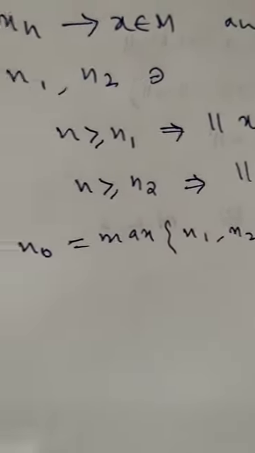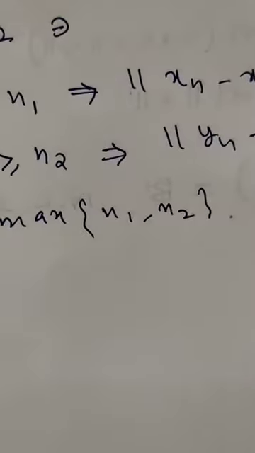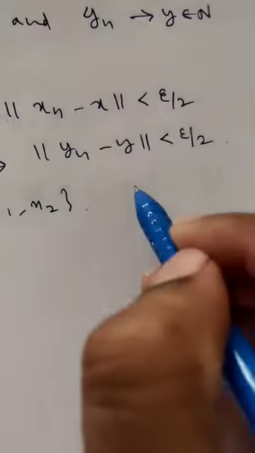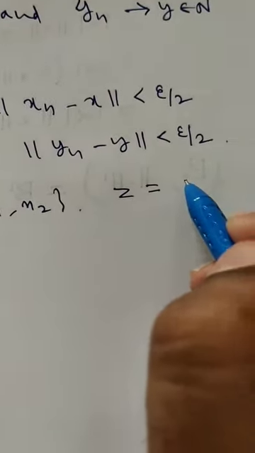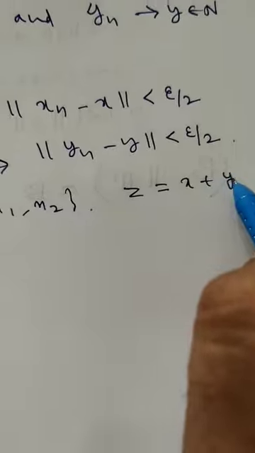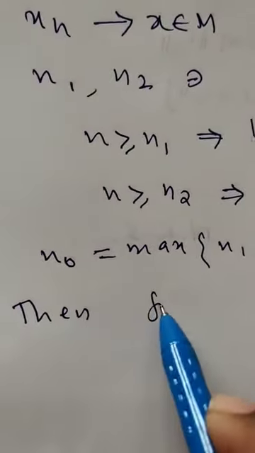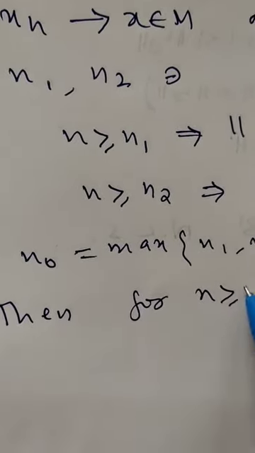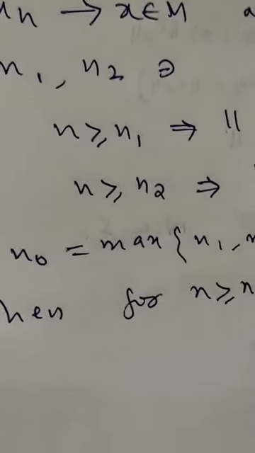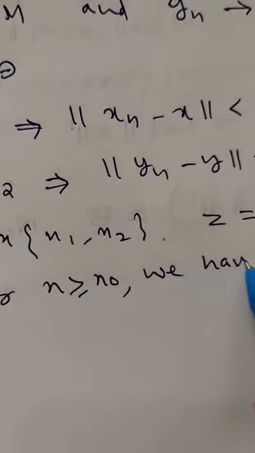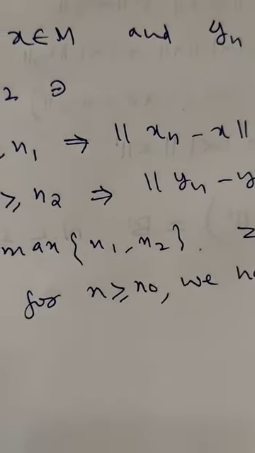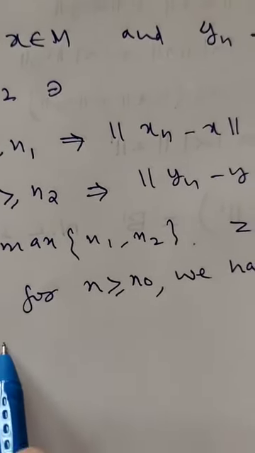If I take n naught to be the maximum value of n1 and n2, and I set z to be the element in B dash with the sum x plus y, then what will happen? For n greater than or equal to n naught, we have norm of Zn minus z.